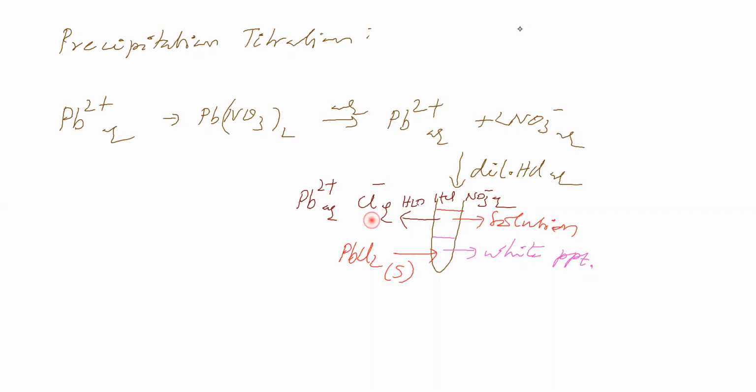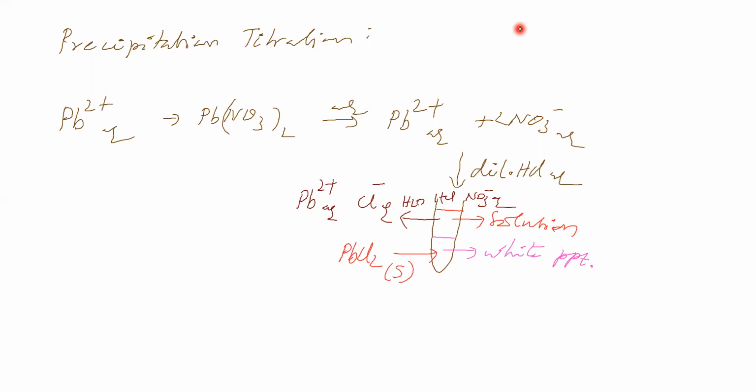When the solution contains Pb2+ and Cl-, why are these ions not precipitating, you may be asking. Whatever substance dissolves, it dissolves until saturation is reached.